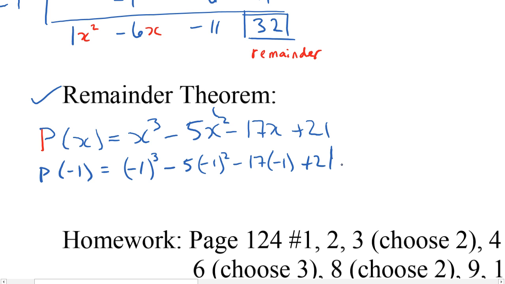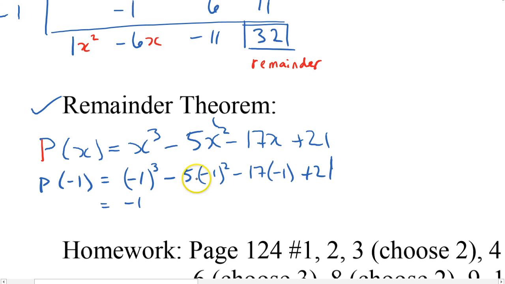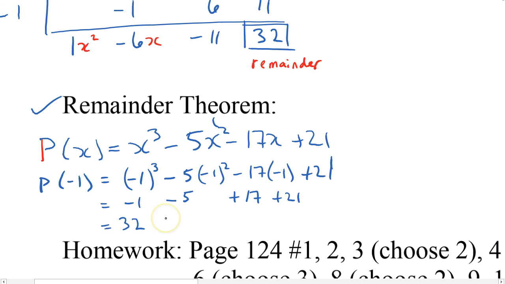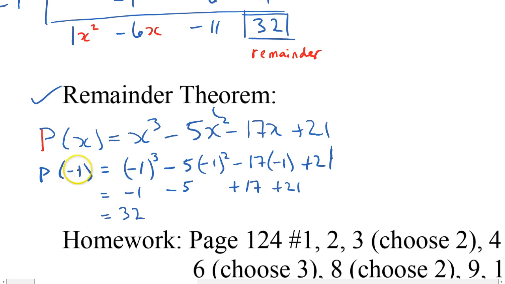It's a bit of work to figure out the positives and negatives. -1 cubed is -1. -1 squared is a positive, times -5 gives -5. Then plus 17 and plus 21. When I put those all together, I get 32. So if I plug in my a value, I get the remainder, the exact same answer. I don't get all the other information, but I do get the remainder.